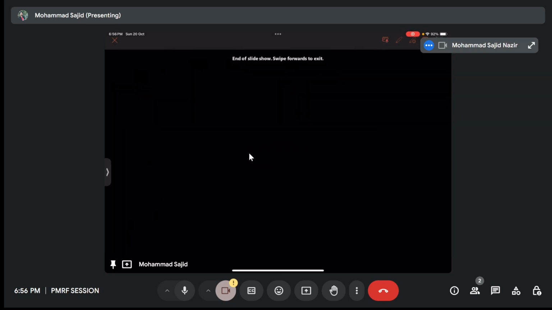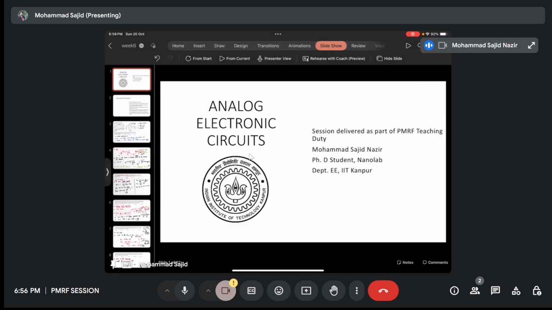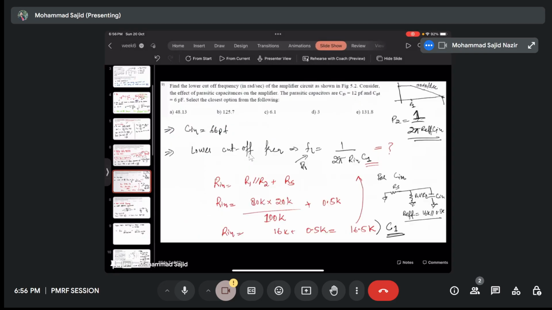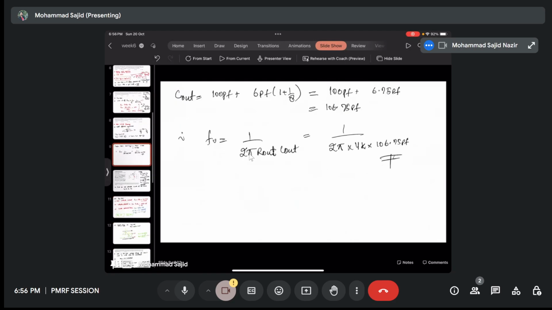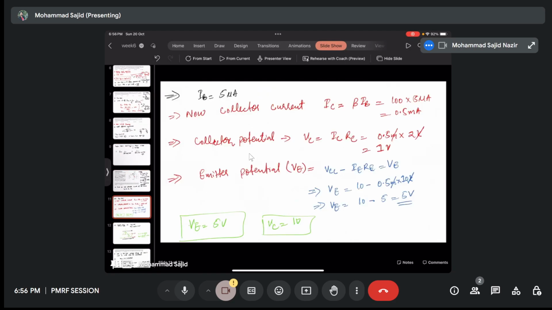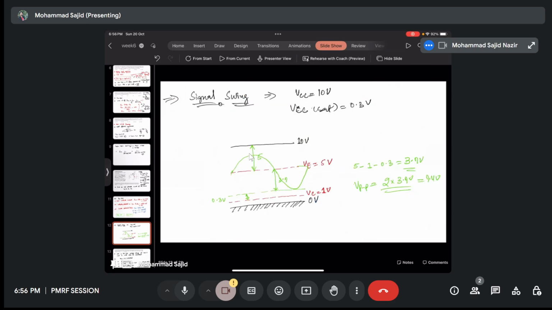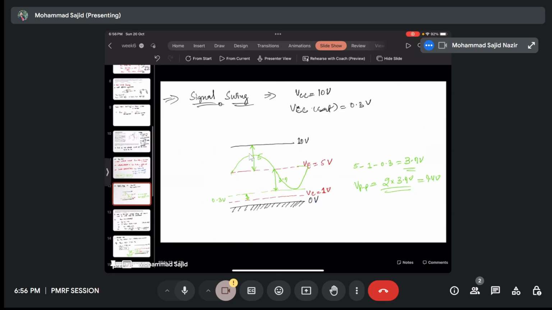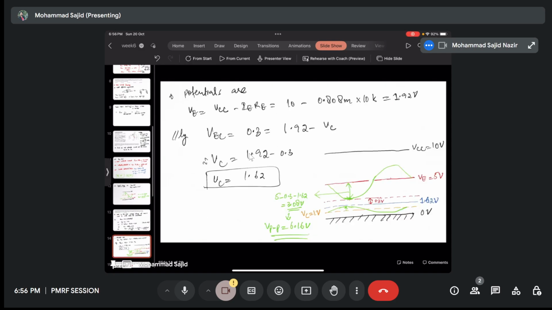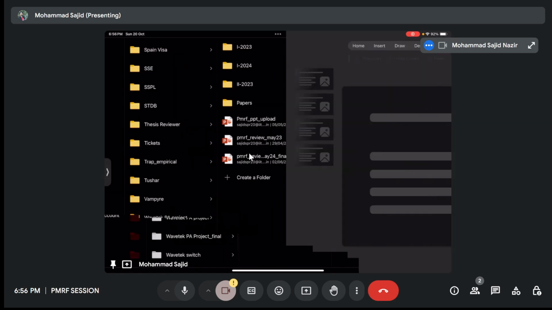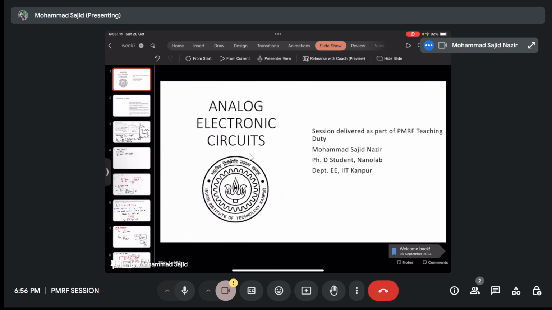This was mainly again the equivalent circuit, and how to use the Miller theorem to calculate the input and output effective capacitances. This type of question we already discussed. Let's check the next slide.